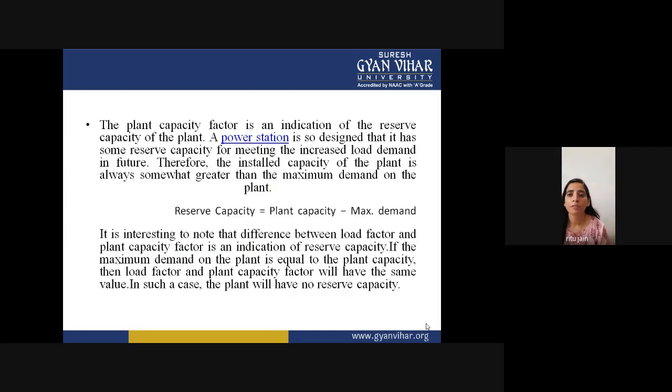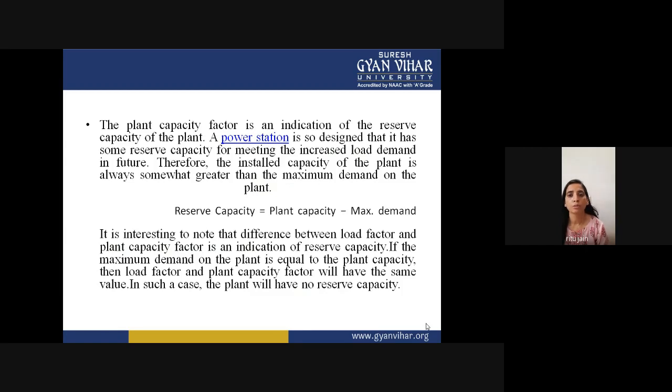So the plant capacity factor is an indication of the reserve capacity of the plant. A power station is so designed that it has some reserve capacity for meeting the increased load demand in future. We have seen that day by day your energy demand is increasing, so it is not possible to set up a plant again from zero.